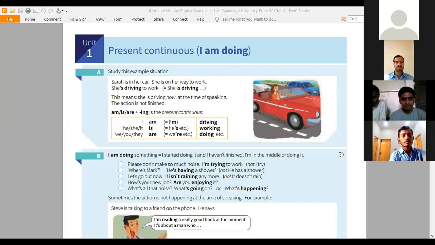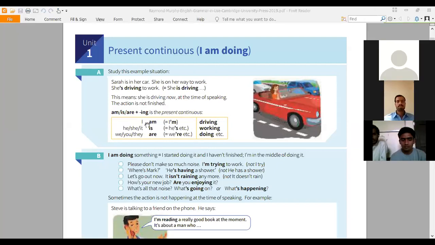We use present continuous tense to talk about an action which is not finished, which we started doing and which continues at the time of speaking. As you can see on my screen, this chart shows the word order for creating simple present and present continuous sentences. With the subject I, what do we use?